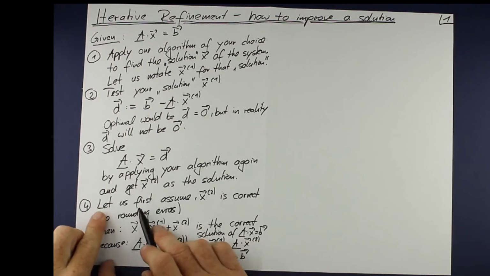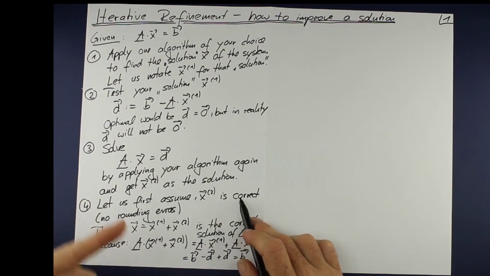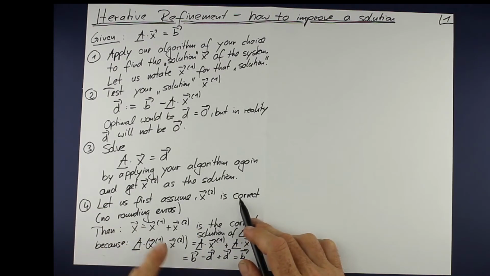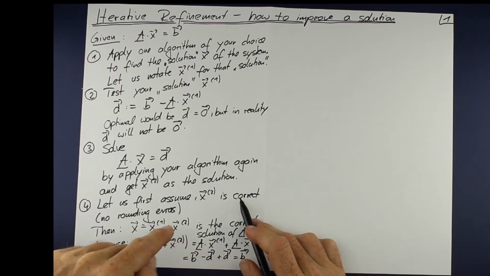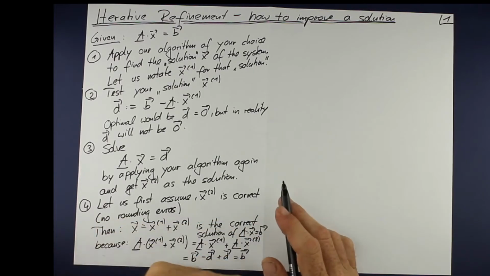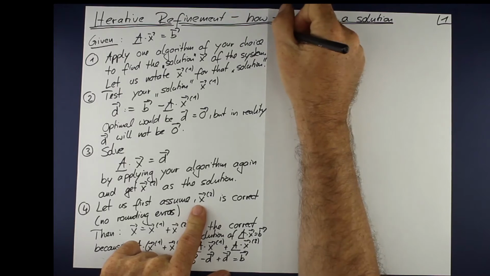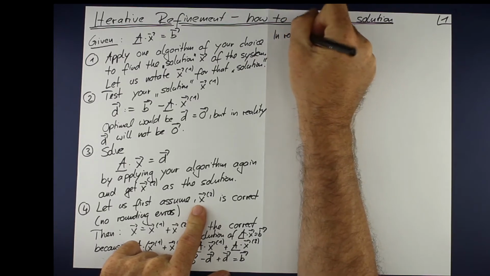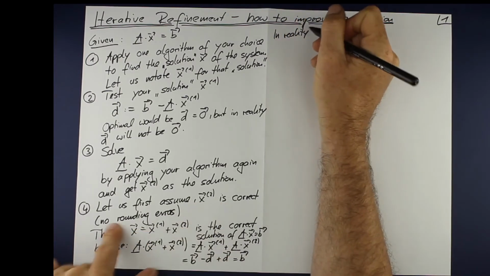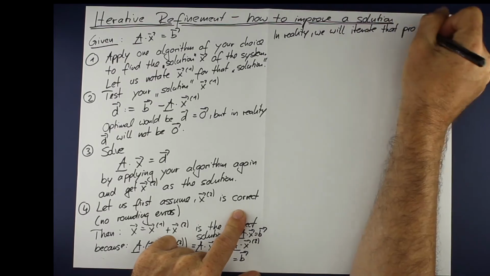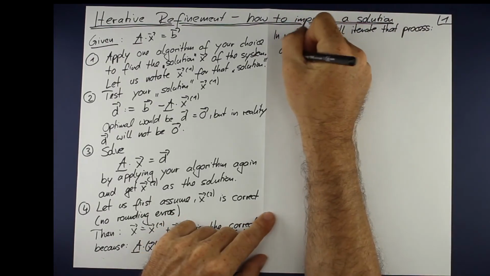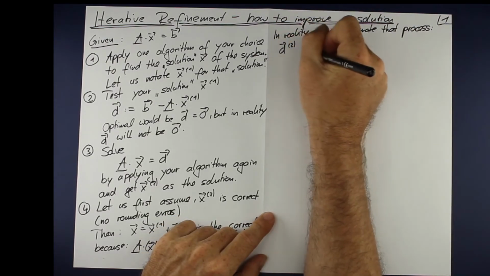Okay, let us first assume it is correct. There will be again rounding errors. So what will we do? We will iterate that process. Because this assumption is incorrect in reality, we can once again calculate a difference.